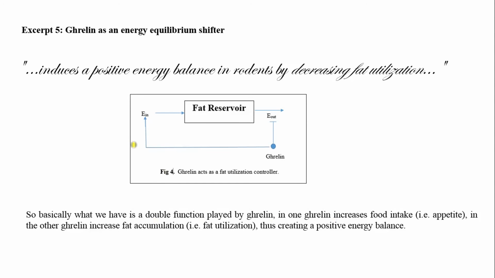So basically what ghrelin does, according to the paper, is induce positive energy balance. What does that mean? It does so by decreasing fat utilization. It is similar to what we have done with electronic injection in new cars.